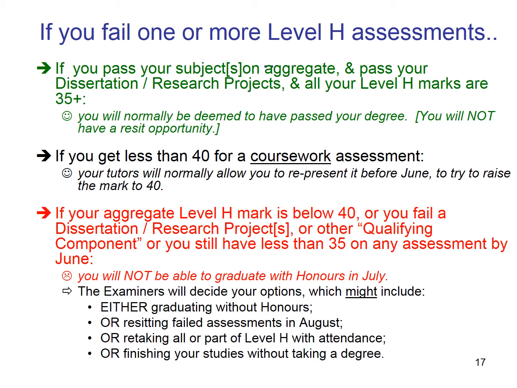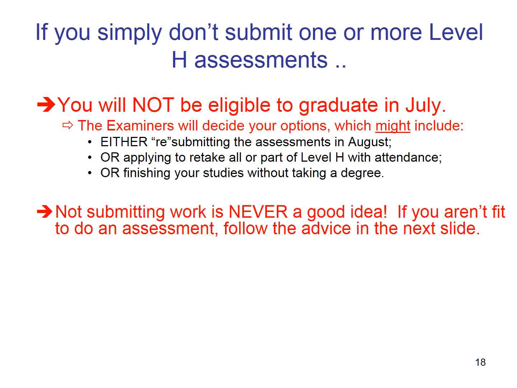The board will look at your options. They might include graduating without honours, resitting in August, retaking all or part of your level with attendance, or finishing your studies without taking your degree. The board will consider your options and you will get an indication of what you are expected to do in the results.